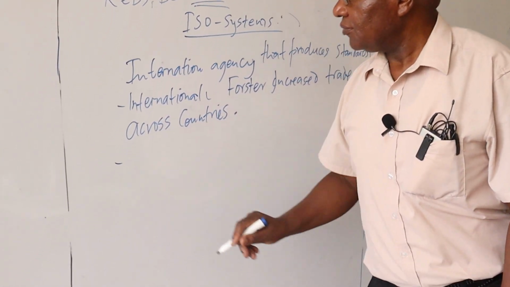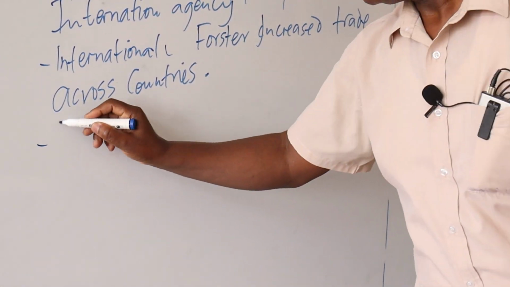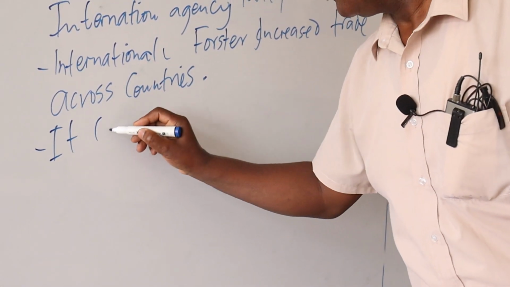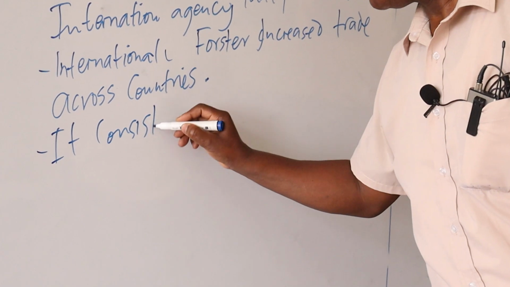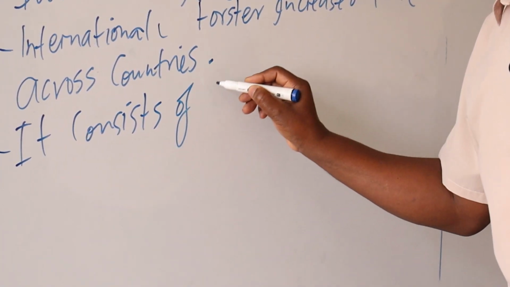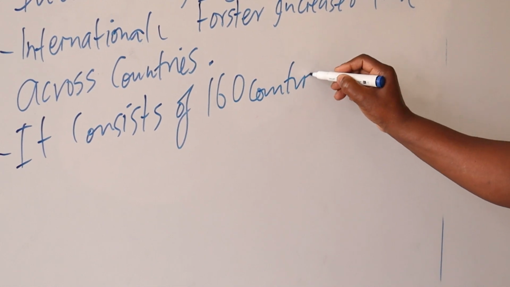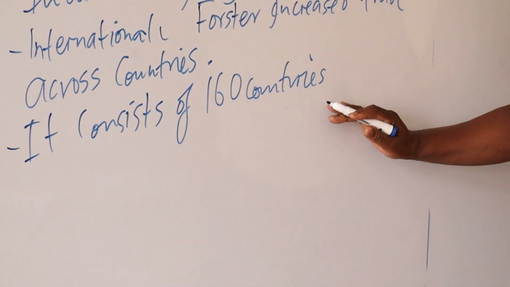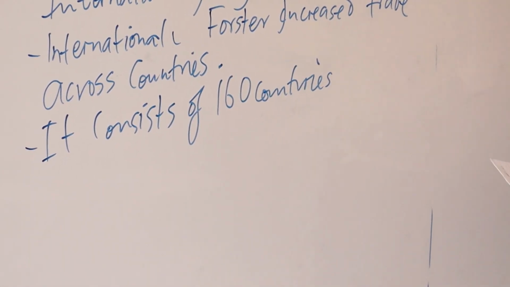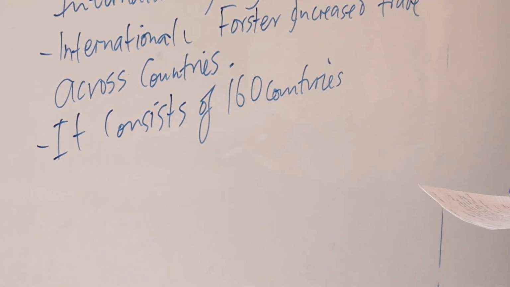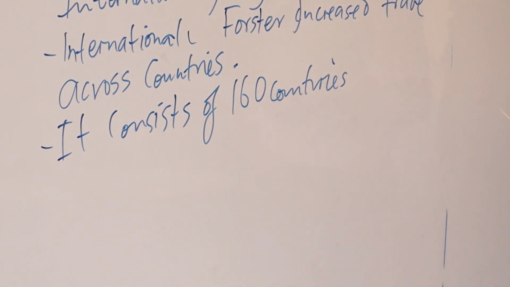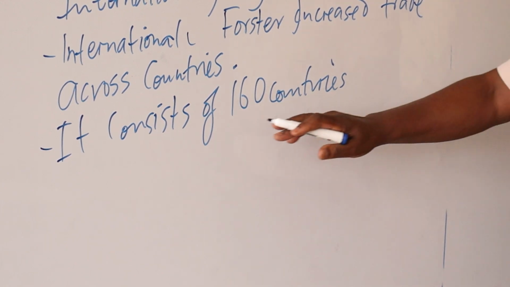Now, the last time I read about the system, I found that it consists of over 160 member countries across the 5 continents.